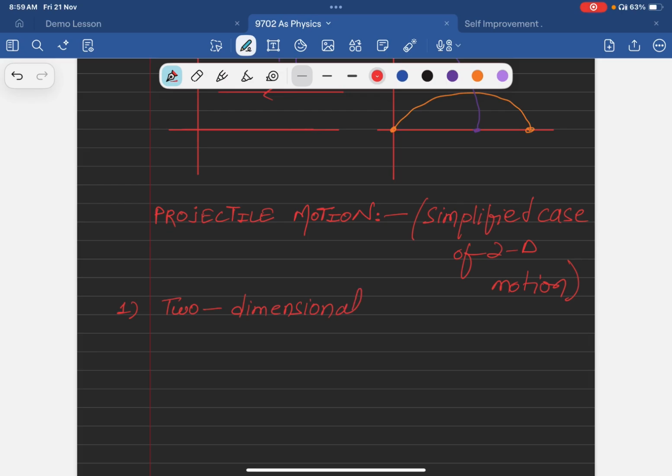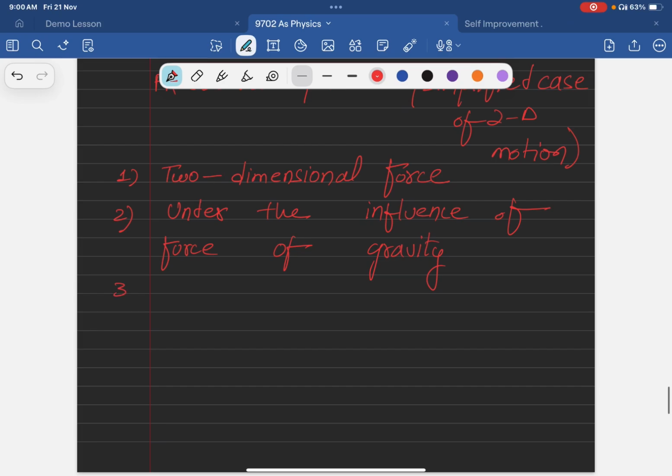But wait, there are two more that I will write and then discuss projectile motion in detail. Point number two, under the influence of the force of gravity. And point number three, air resistance is neglected.